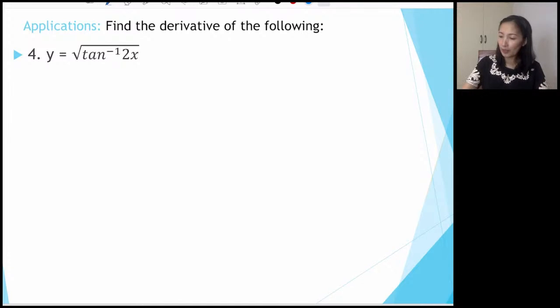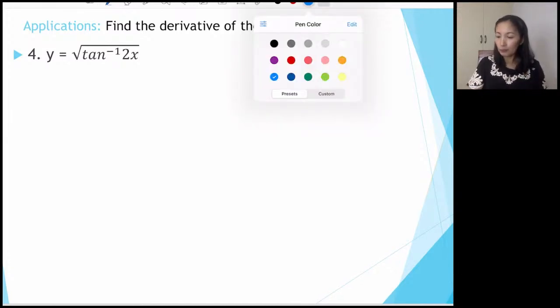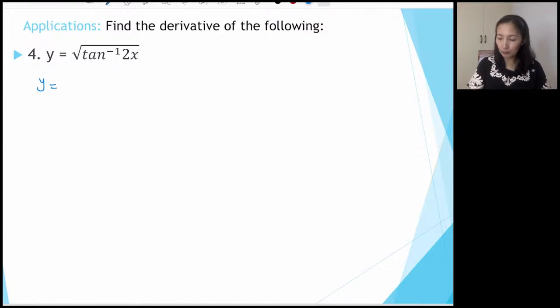So let's express this as y equal to arctangent of 2x raised to 1/2. Okay? So this one will require chain rule and inverse trigo function.